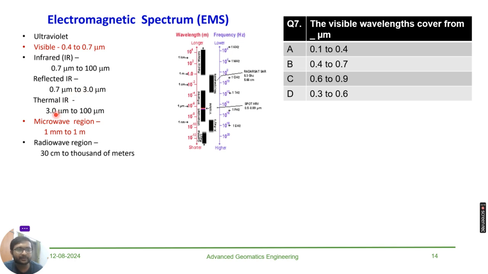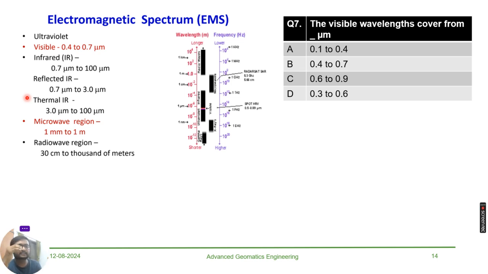Then when we go from 3 to 100 micrometer, you can see the name is thermal infrared. The name thermal here is because when we talk about this particular region, we are not using the concept of reflected energy. We are using the concept of emitted energy, because every object, according to black body radiation, is absorbing the energy from the sun and then releasing that energy through the atmosphere.